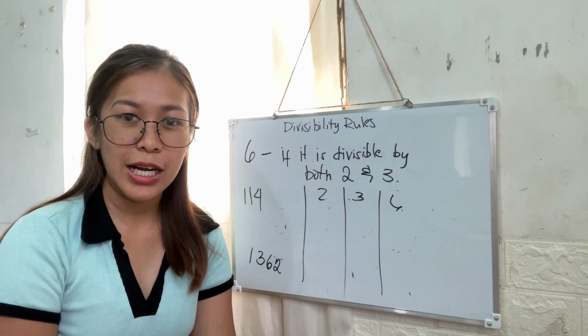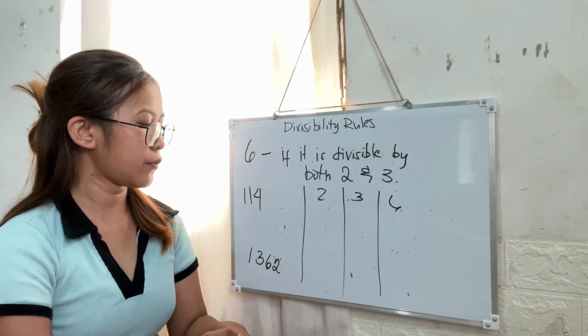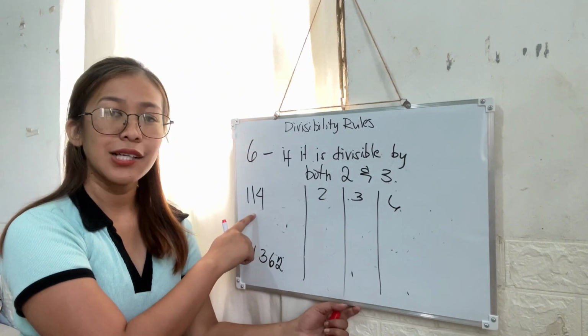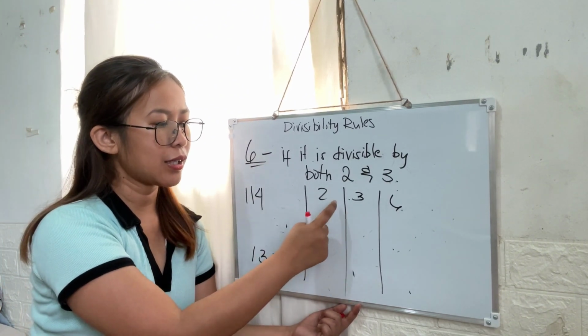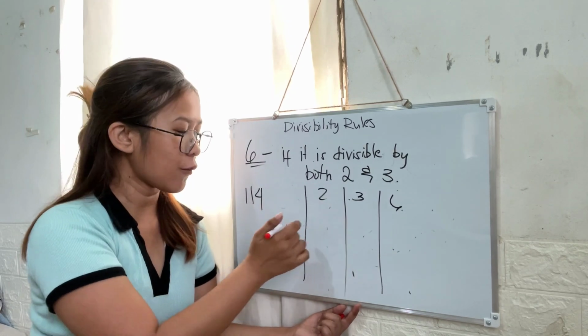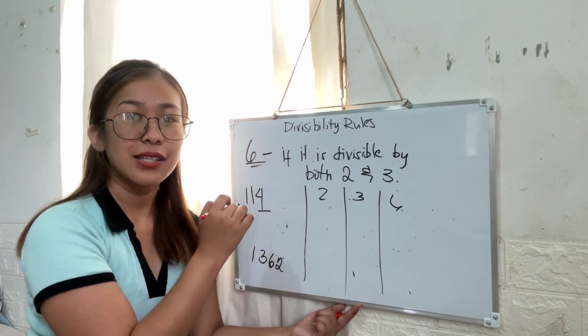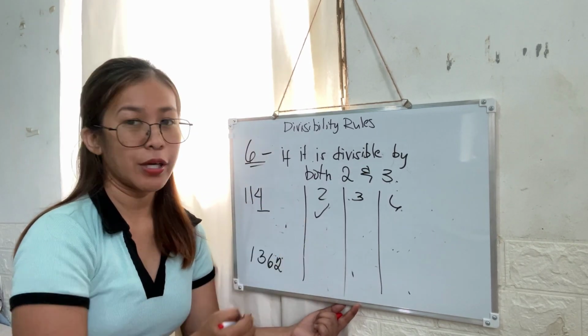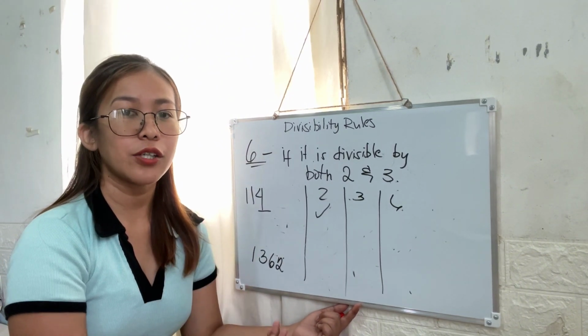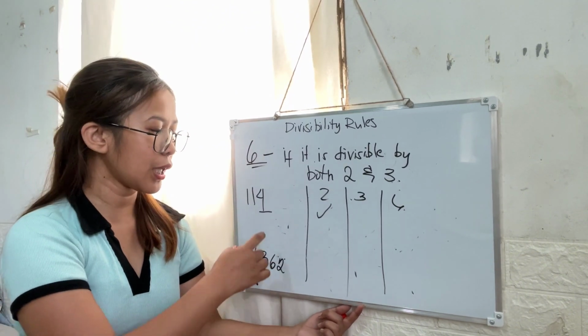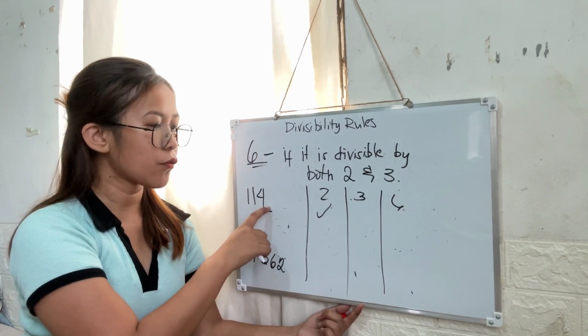Okay, so for our last example in this video, we have 114. Let's check if it's divisible by 6. Siyempre, kailangan natin siyang i-check kay 2 and 3. Of course, 4 is an even number, so it's divisible by 2. Add it all to determine if it's divisible by 3. So, 1 plus 1 is 2 plus 4 is 6.